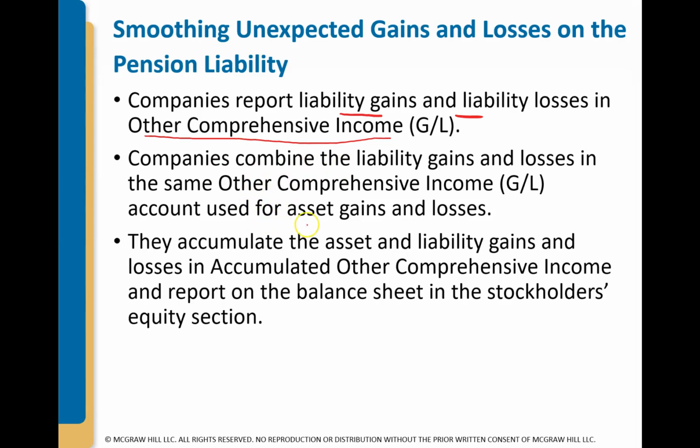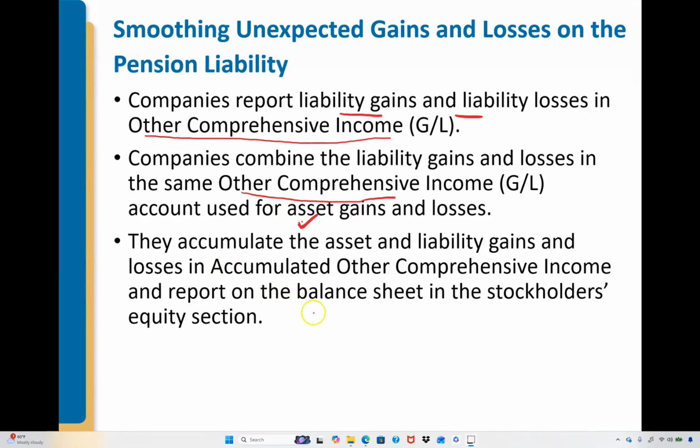We'll go into a different video where we're going to go for the plan assets gains and losses, and how those occur. But essentially for plan assets gains and losses, we'll also go into other comprehensive income, and those two other comprehensive income accounts, the ones where we have changes to the estimates for the PBO and changes to the plan assets, then specific changes to the plan assets, not all changes, are combined in one account.